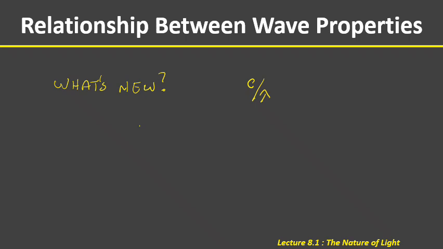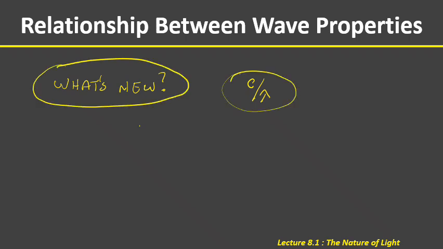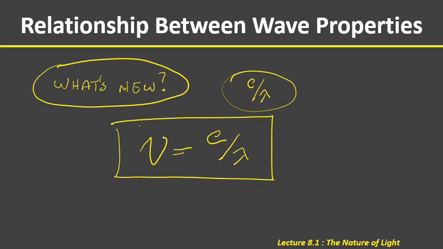And so if you remember this, hey, what's new? C over lambda, then that will allow you to remember that nu is C over lambda. And so that's one good way to remember this.